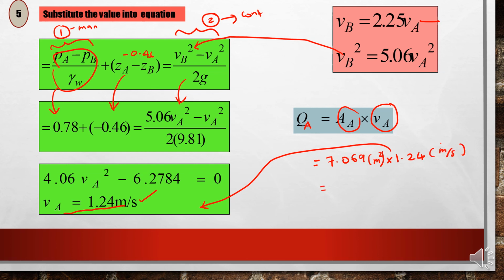So finally, we get the Q_A value, which is 8.77 times 10 to the power of minus 2 meter cube per second as a volume flow rate. Okay, so that's it. Thank you.